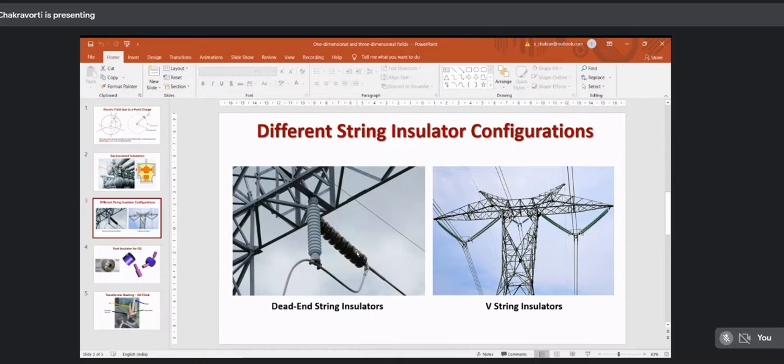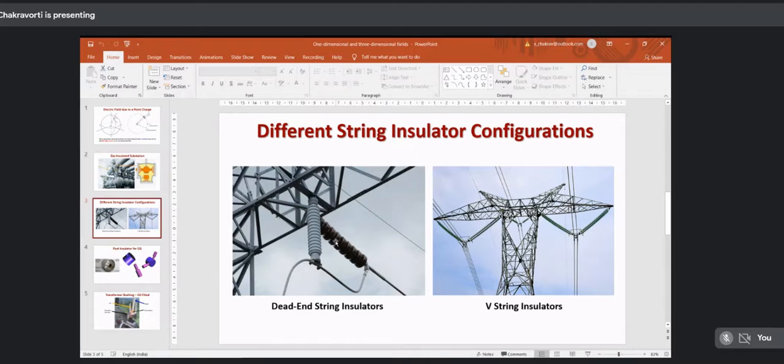Nowadays we have different materials, but when I have individual strings, they are axisymmetric. But whenever I look at this arrangement at the dead end of the line, then I have to compute the field for this assembly, not for just one particular string. And now when I do that, I cannot say it is two-dimensional. I cannot say it is rotationally symmetric.